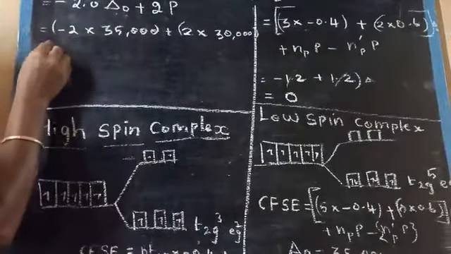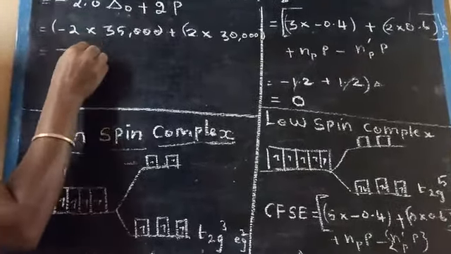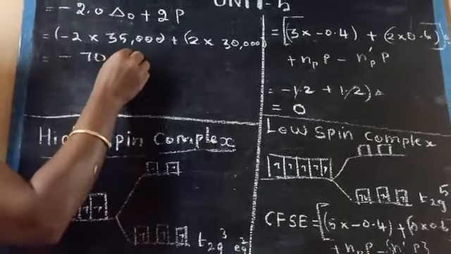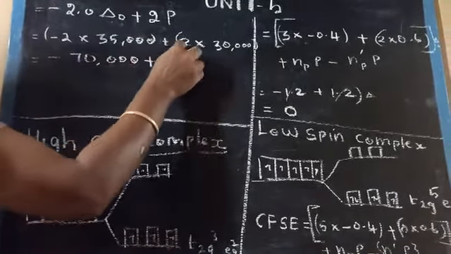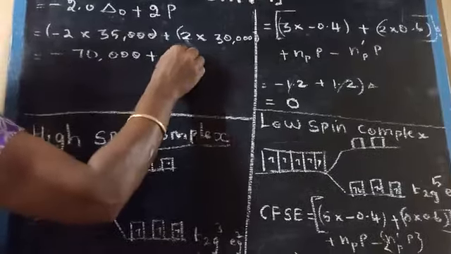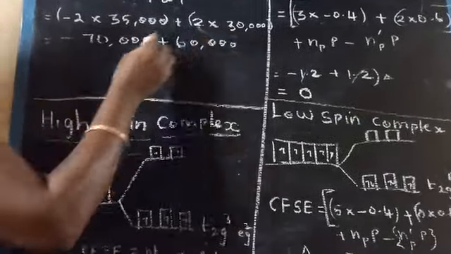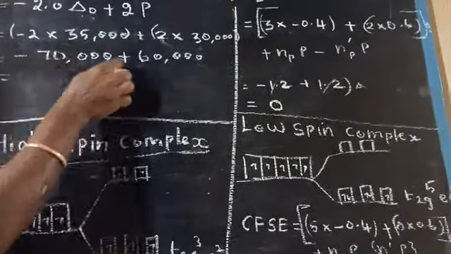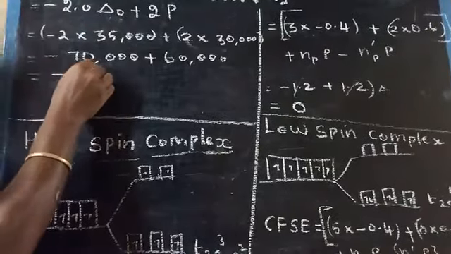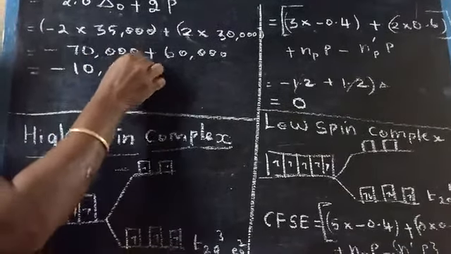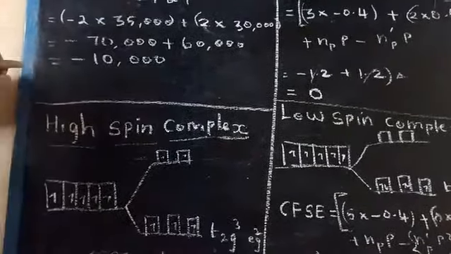So here minus 70,000 plus 60,000. So what about the remaining here? Minus plus, so minus 10,000. Are you clear?